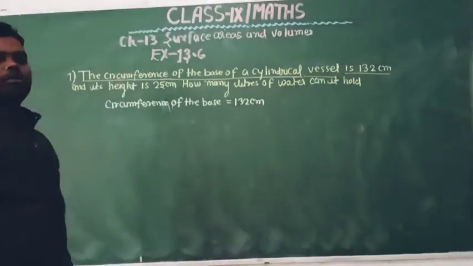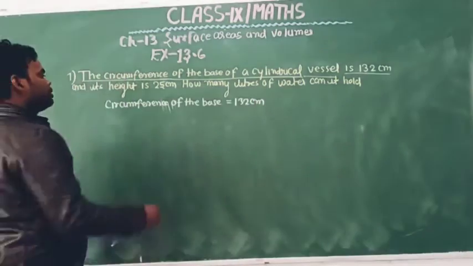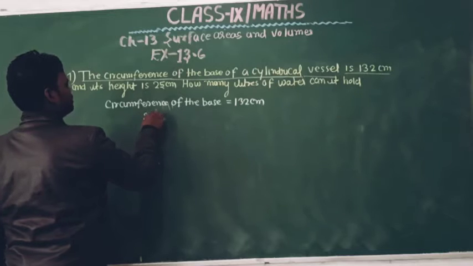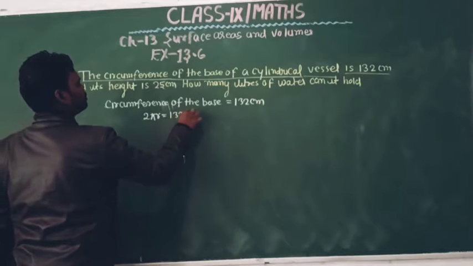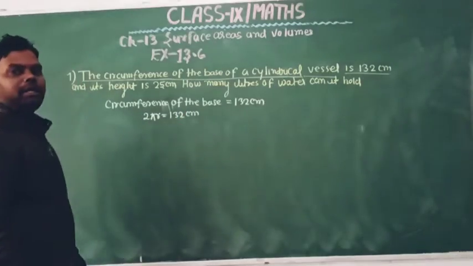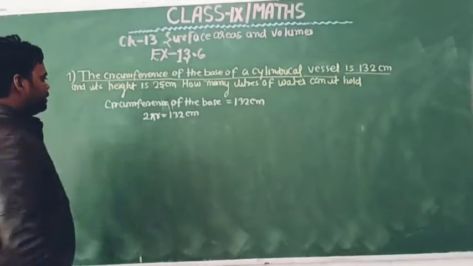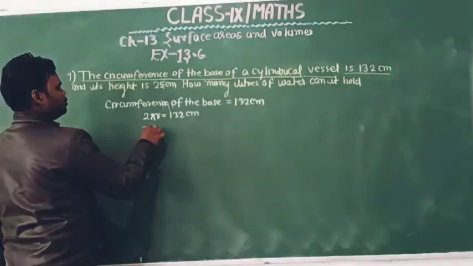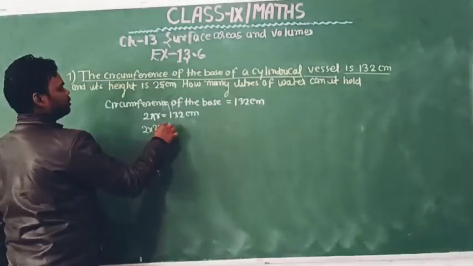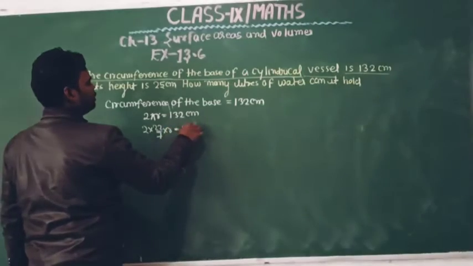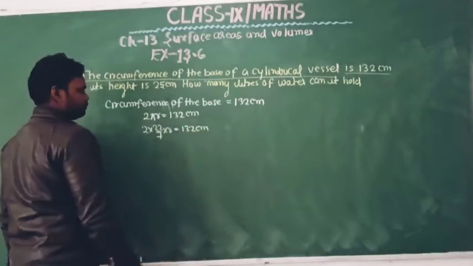As we know the formula of the circumference is 2 pi r. So 2 pi r equal to 132 centimeter. The value of pi is 22 by 7, so 2 into 22 by 7 into r equal to 132 centimeter.